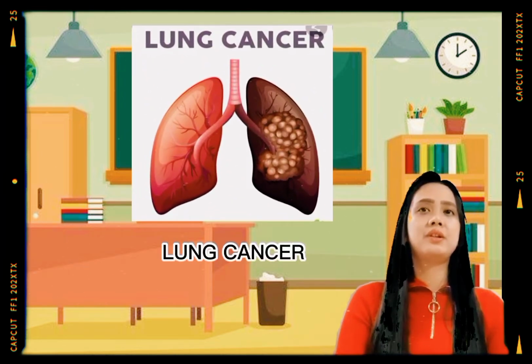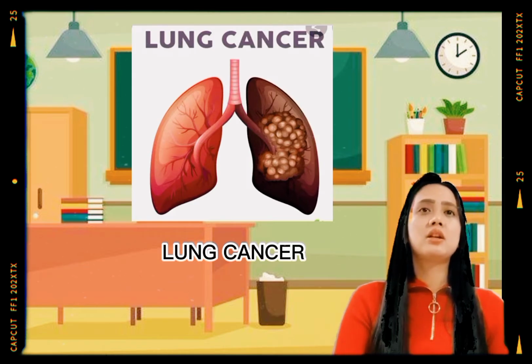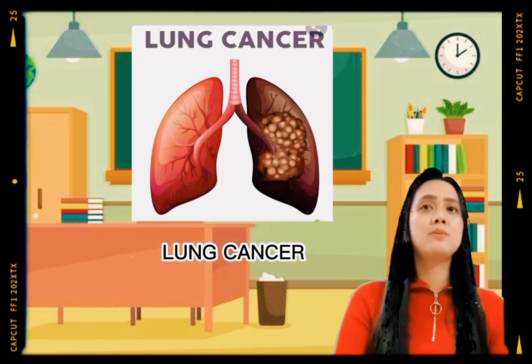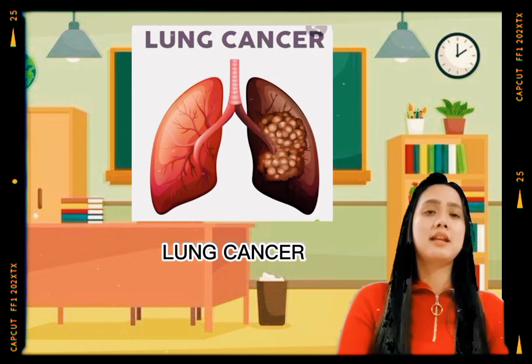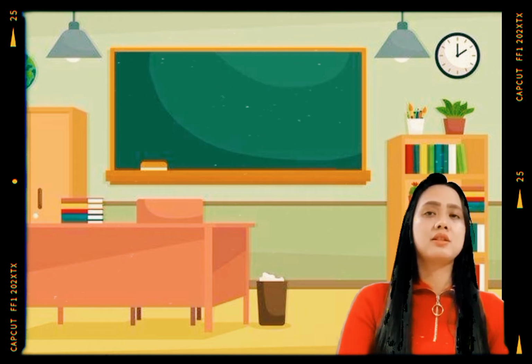Lung cancer usually has no symptoms in its early stage. When signs of disease start to appear, they can include a chronic, hacking, raspy cough, sometimes with mucus that has blood in it, or changes in a cough that you've had for a long time. This usually comes from smoking cigarettes that have carcinogens.